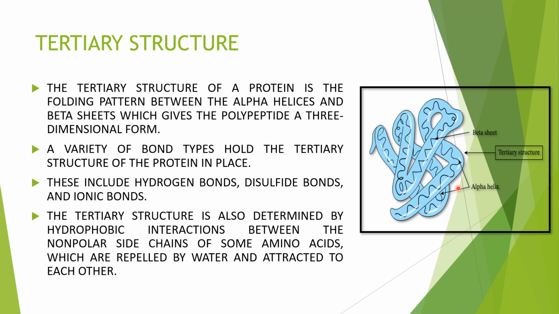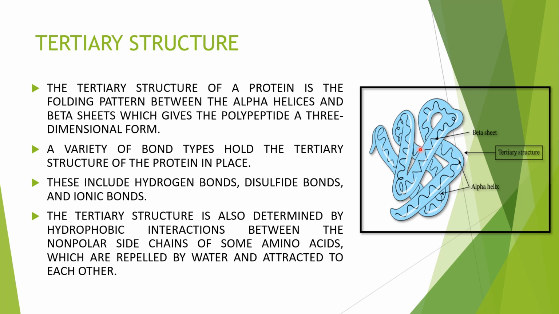There may be many types of bonds involved in attaining this three-dimensional conformation, which include hydrogen bonding, disulfide bonding, or even ionic bonding. This structure is also decided by the hydrophobic interactions that exist between the non-polar amino acids.